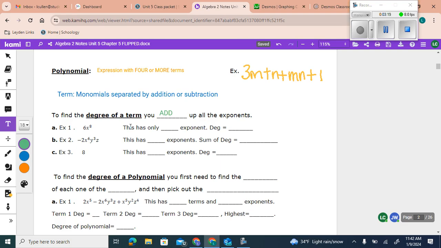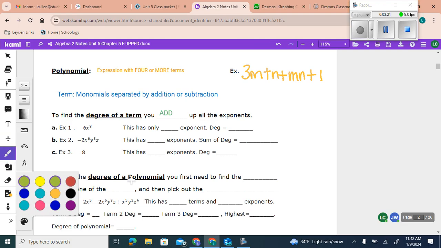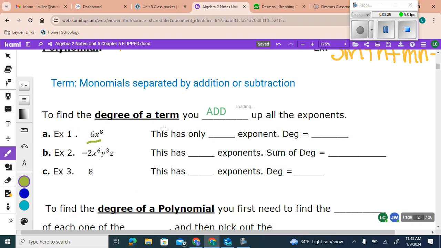Okay, so for example, example 1, we have 6x to the 8th power. This has only one exponent, so it has a degree of 8. Okay, these are all monomials here.